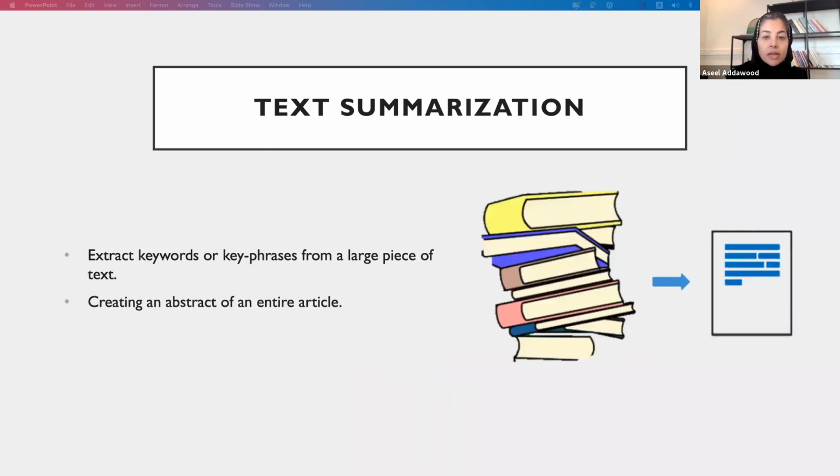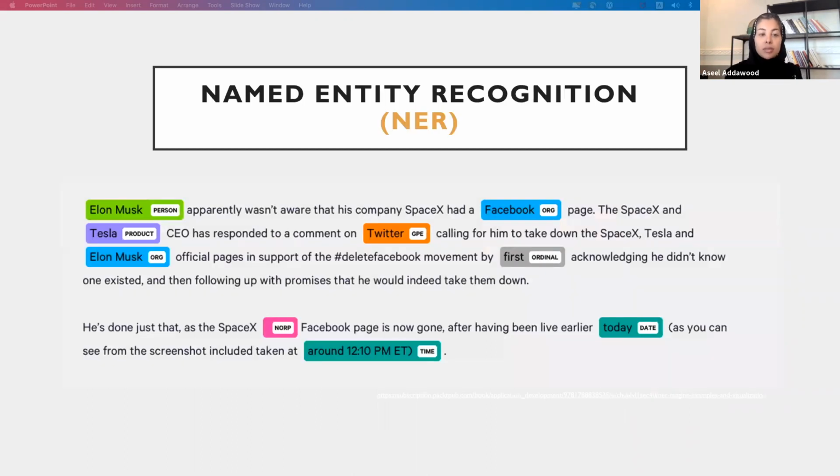Another application is text summarization. Having a very huge text, how can I extract the most important keywords and key phrases, and then create a very summarized abstract of the entire article? Another example is named entity recognition. Named entity recognition is one of the domains of natural language processing.